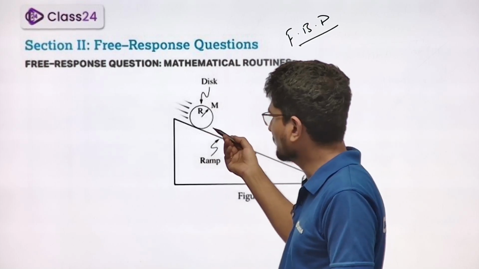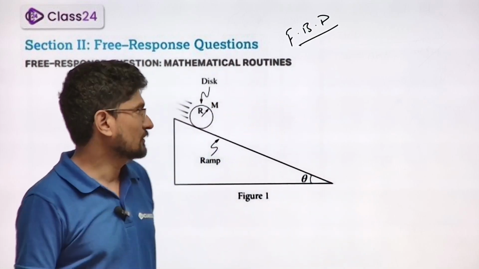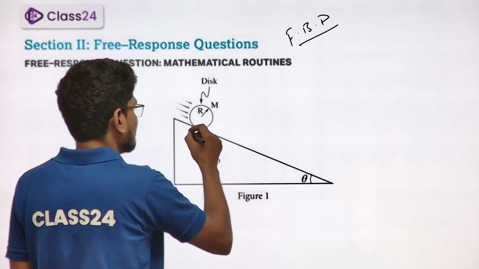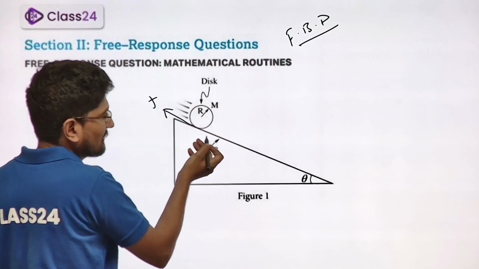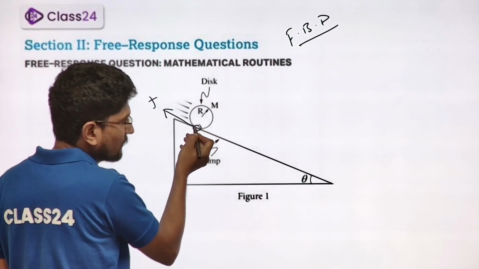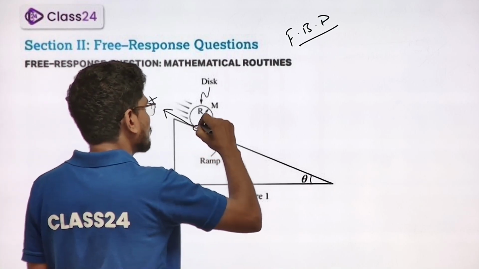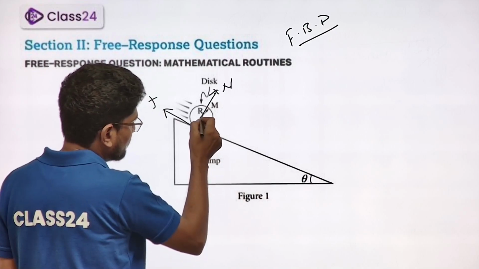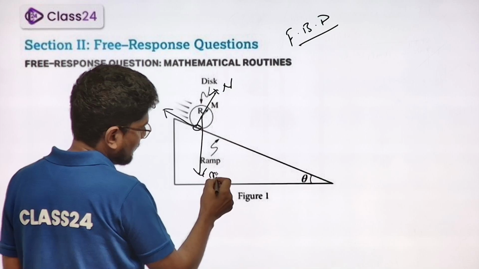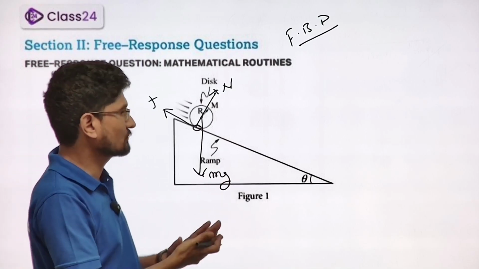If there is no slipping, there must be a friction force, because friction stops slipping. The direction of the friction force will be in this direction, because the tendency of slipping of the lowest point is towards the right, and friction opposes the slipping. The normal force will pass through the center, and the gravitational force will act in this direction. So the first question, drawing the forces and their directions, is done.